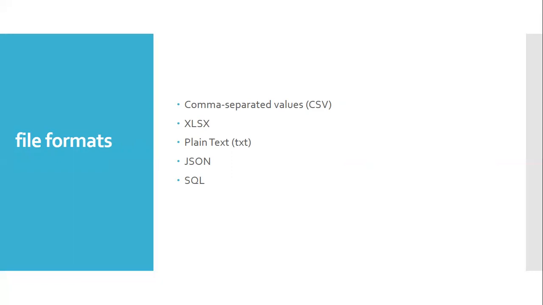Then again, you can read data from plain text also. Then you can read data from the JSON format. JSON stands for JavaScript Object Notation. That is one format to transfer data from source to destination. If data is present in JSON format, it can be read directly into Pandas or a DataFrame object. And lastly, SQL. SQL means your database. That may be MySQL, Oracle, or SQL Server.